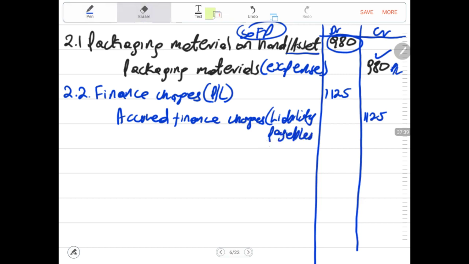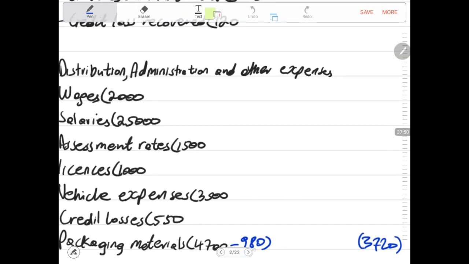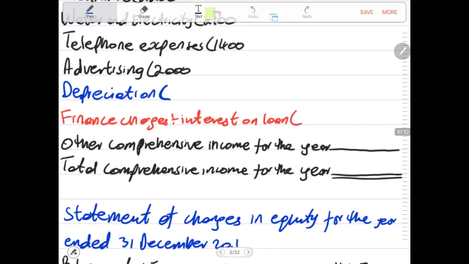So let us record the two entries, the one on the income statement and the one on the statement of financial position. Then we say, do we have any finance charges somewhere? Yes, finance charges 1,125, and it will be the only amount, to be honest. There will be no adjustment to expect for this one.